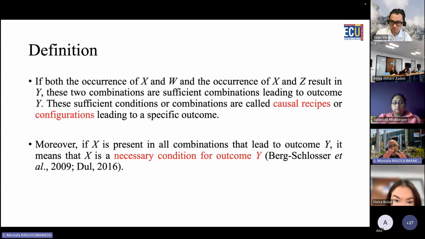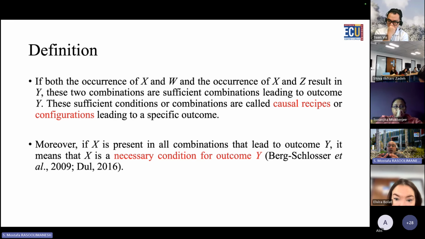So here is a description of this. If X and W can happen together, or X and Z can happen together for different groups of people, and this combination of X and W or combination of X and Z can lead to a high level of outcome, we call this combination a sufficient combination that can result in a high level of outcome.